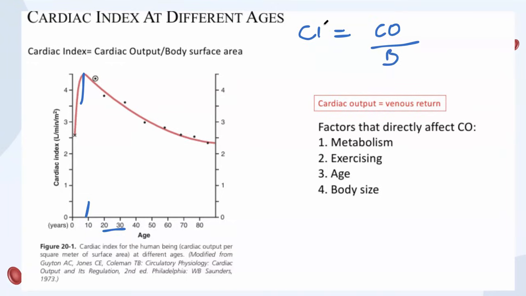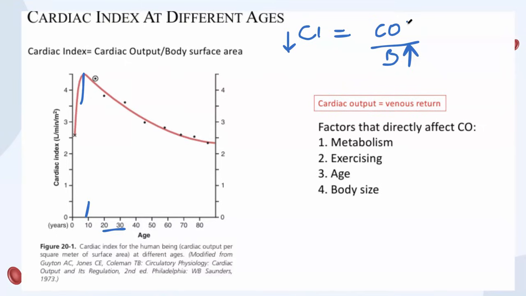Now, if you grow older, you might gain a lot of weight. And that means that your body surface area is going to increase. And that would mean that your cardiac index is going to decrease, as you can see here. Or a lot of people, when they're in their 40s, 50s, develop heart problems. And with those heart problems, their cardiac output might decrease.